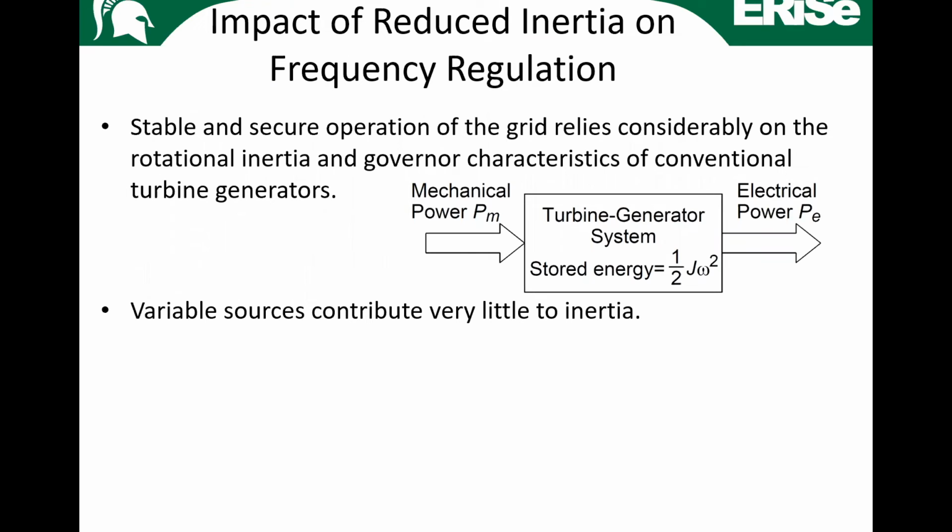Because every time PE is higher than PM, the required excess energy is sucked up from the stored kinetic energy by slowing down the generator slightly. And when we have so many generators across the grid, the slowdown is practically imperceptible.